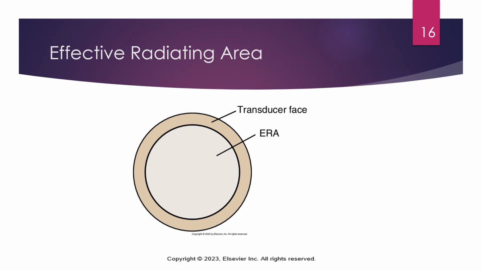So what kind of significance does this have with our treatment? Well, the ERA determines the size of the treatment area, and we don't really want to move outside the treatment area. What we can do is we can move about 2 to 3 times the size of the ERA when we're locating an area that we're going to treat.